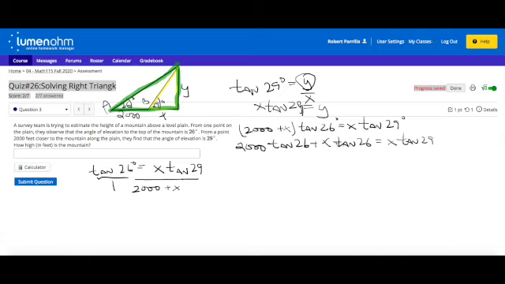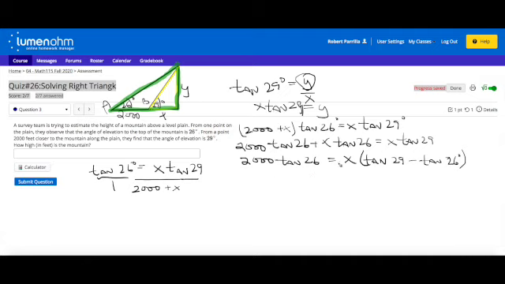I'm going to need to bring this over. That'll leave the 2000 tangent of 26 by itself on the left side of the equal sign. Equals. All right, now I'm going to bring it over, but I'm also going to, not subtract, factor the x's out at the same time. It's a two-step process. I'm just combining it into one step. x times tangent of 29 minus the tangent of 26 degrees.